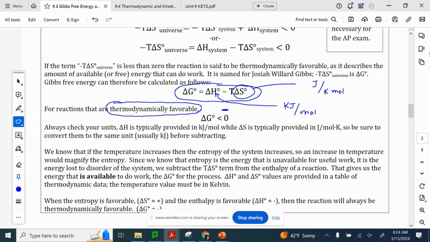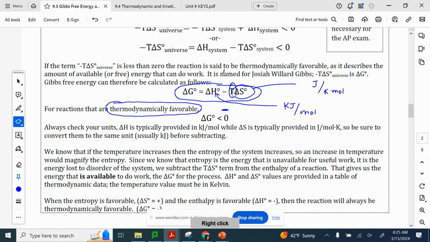So be very, very careful with this. This is where people oftentimes go wrong. The tables give you this in joules. This is in kilojoules. How do we convert? You just slide that decimal 3 spots over. Do we have to do anything with the Kelvin on the bottom? With this, it's going to cancel out with the temperature here.